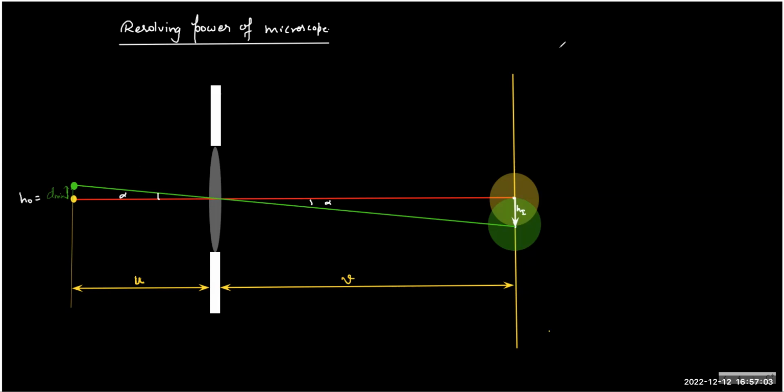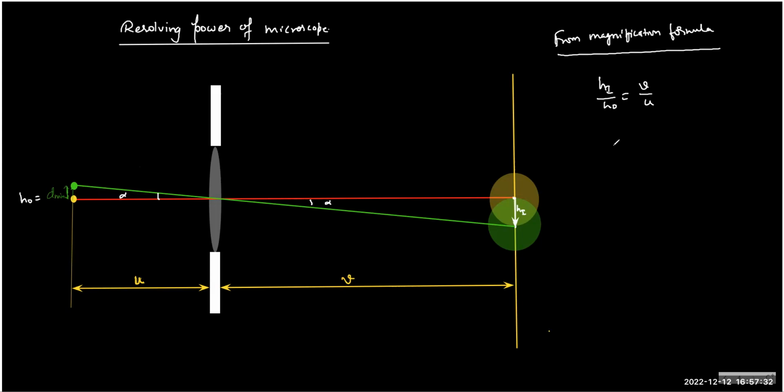And from the magnification, we can say that height of image upon height of object is V by U, isn't it? Yes, sir.